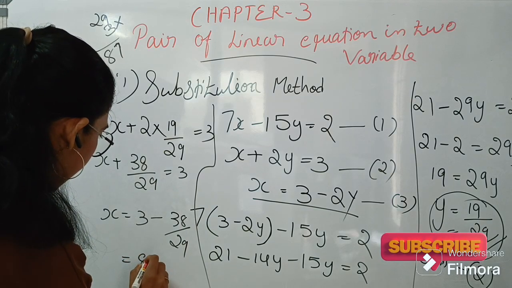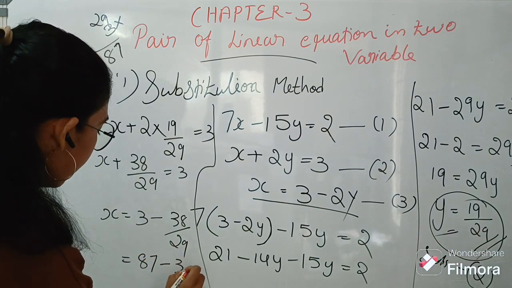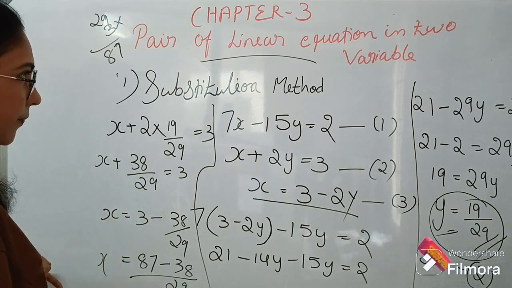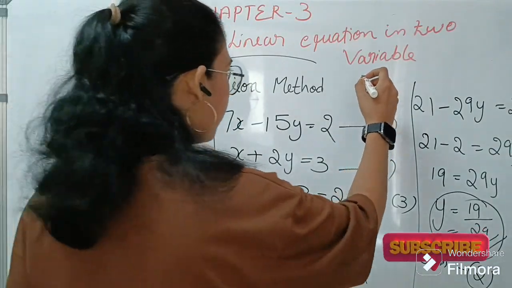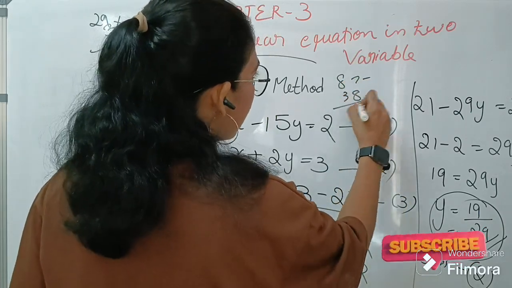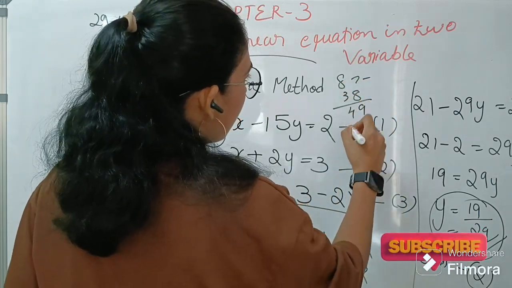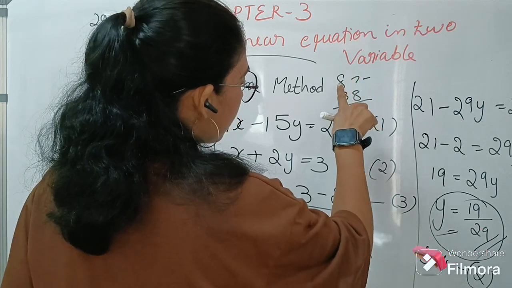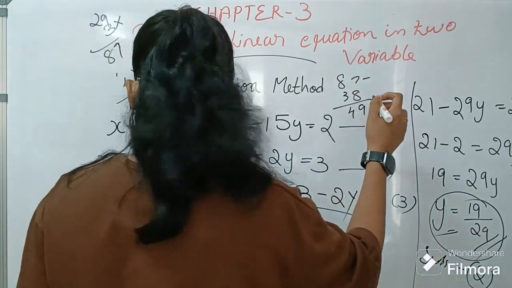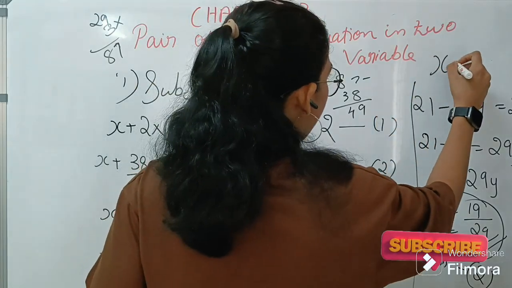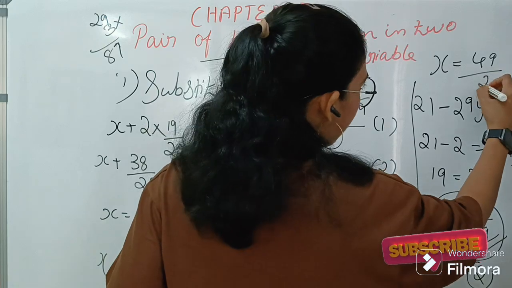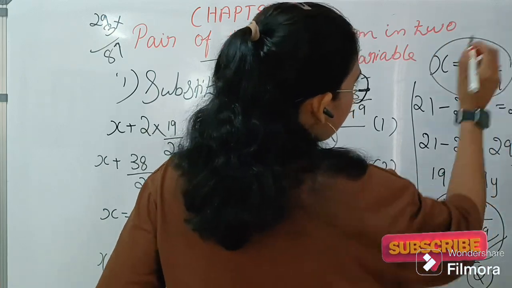So 87 minus 38 divided by 29. Okay. So what is 87 minus 38? It is 49. Then value of x is equal to 49 divided by 29.